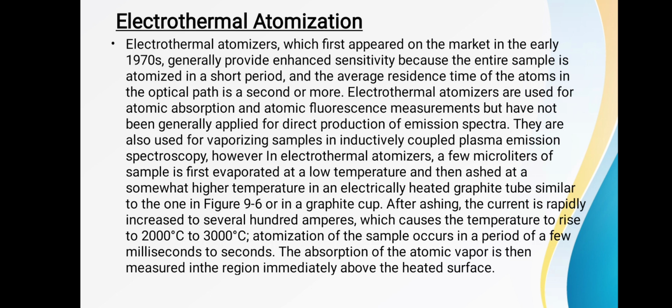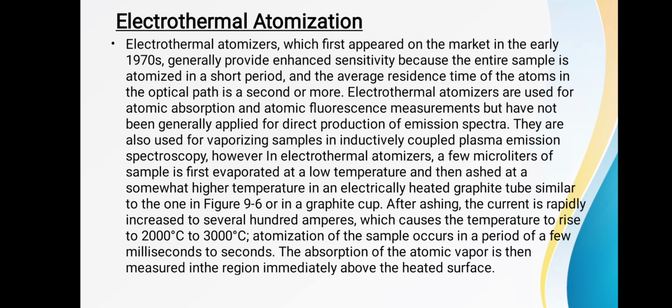Electrothermal atomization. Electrothermal atomizers, which first appeared on the market in the early 1970s, generally provide enhanced sensitivity because the entire sample is atomized in a short period and the average residence time of the atoms in the optical path is a second or more. Electrothermal atomizers are used for atomic absorption and atomic fluorescence measurements but have not been generally applied for direct production of emission spectra.